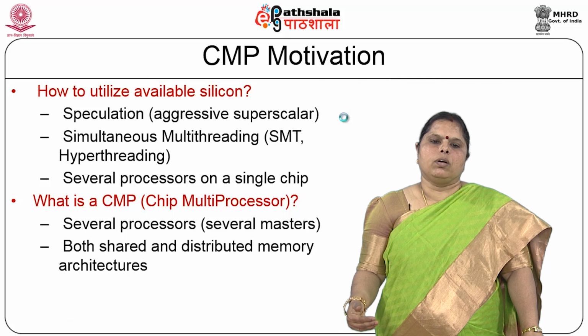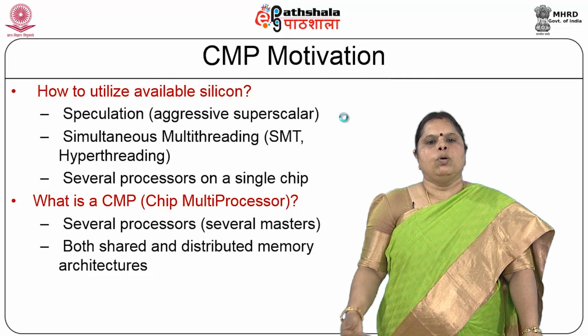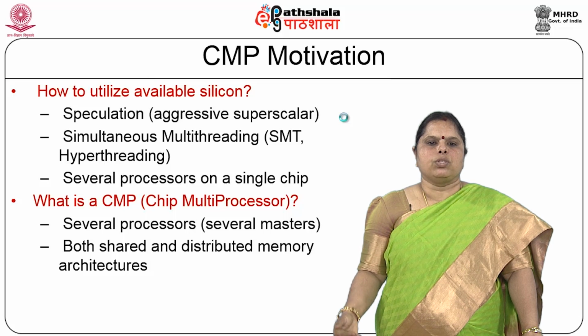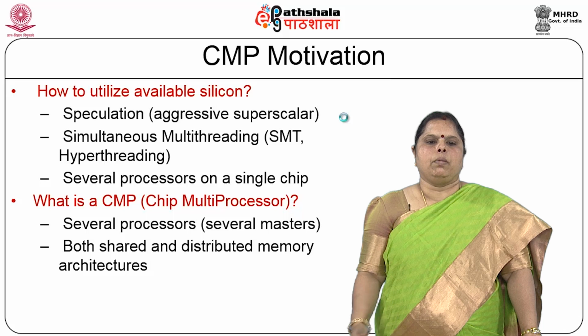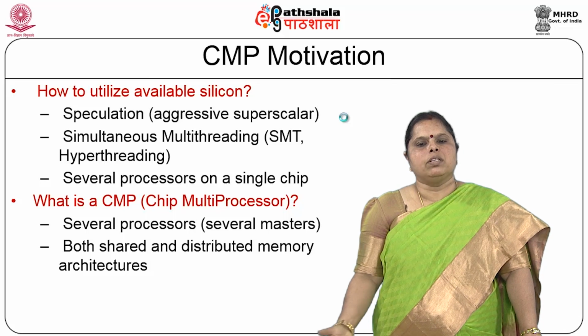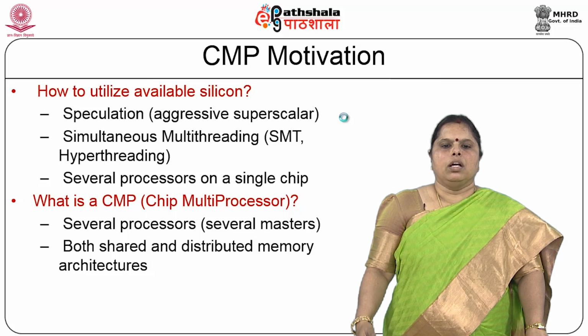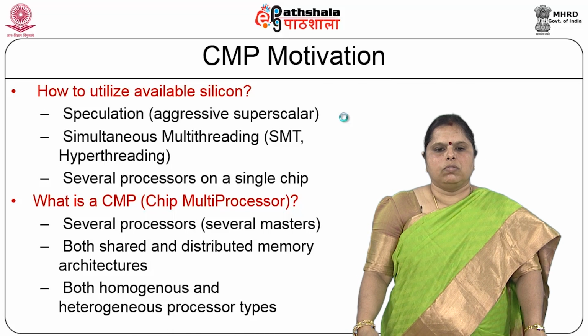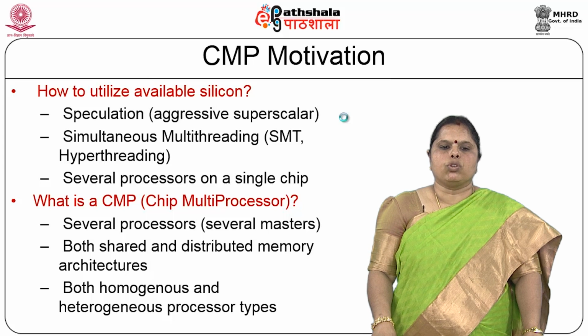Chip multiprocessors have become very popular now, where you have multiple cores of execution available on the same die, and they may have a shared memory architecture or a distributed memory architecture. We will discuss all this in detail as we proceed along the various modules. These cores can be homogeneous or heterogeneous.